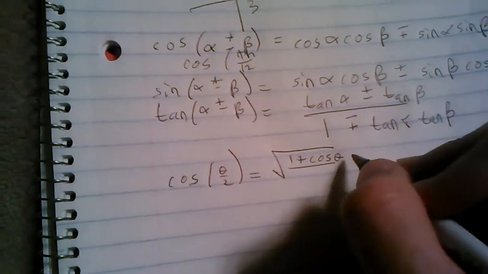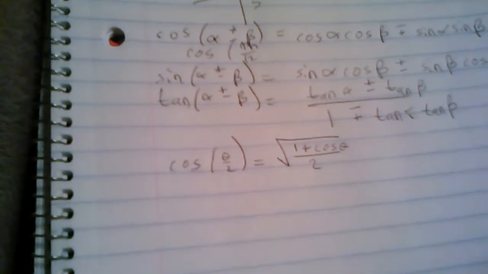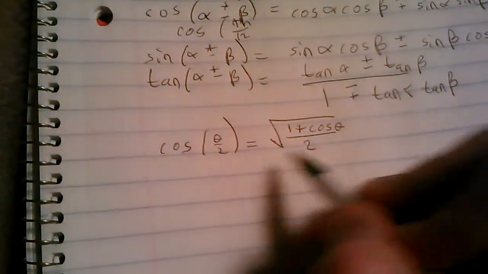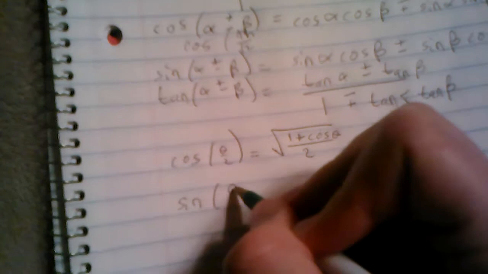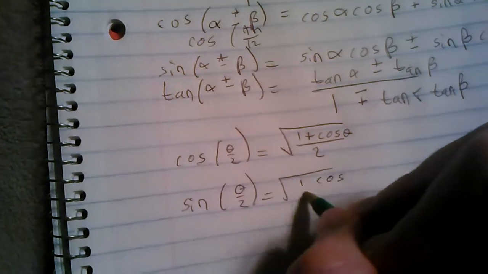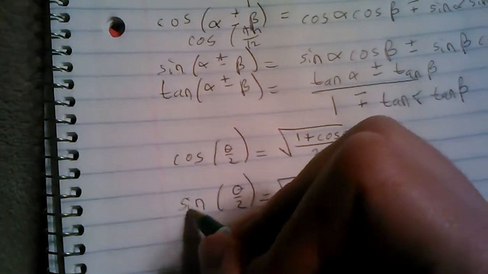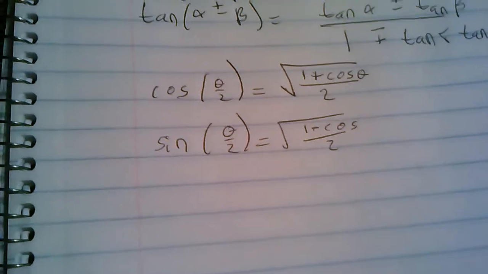So it's 1 plus cosine, because we're positive that this is cosine. So it's kind of a dorky memory trick. And since it's theta over 2, we can put that over 2. It's affirmative, so it's positive. So sine of theta over 2 equals the square root of 1 cosine, and this is minus because it's not cosine, so it's 1 minus cosine. And that's not why that happens, it's just an easy way to remember.